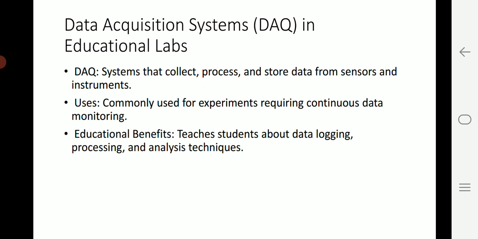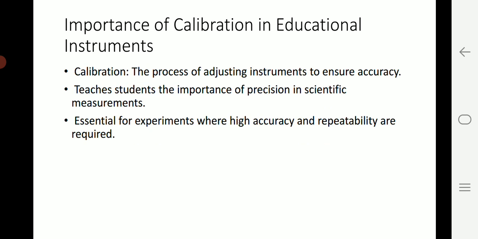It's called a DAQ, and is commonly used for experiments requiring continuous data monitoring. When we want to perform any experiment, it continuously requires data, right? Educational benefits: it teaches students about data logging, processing, and analytic techniques, and the importance of calibration.